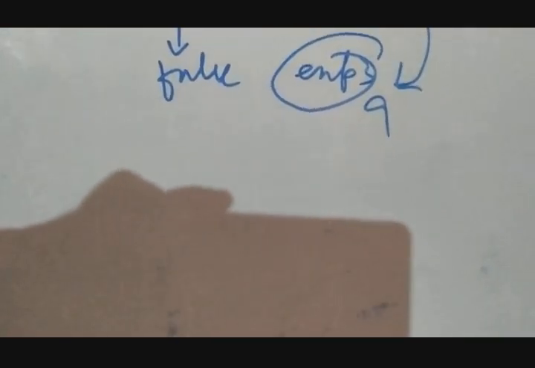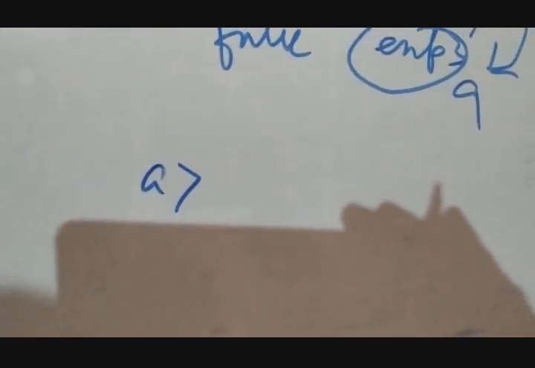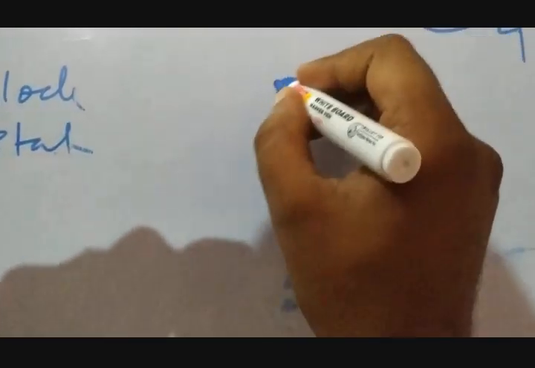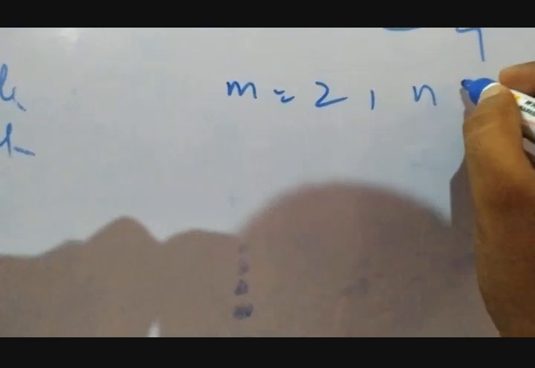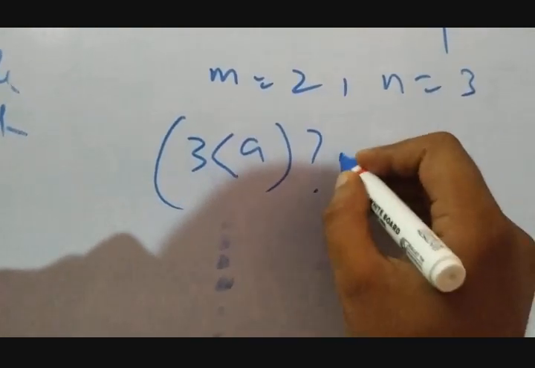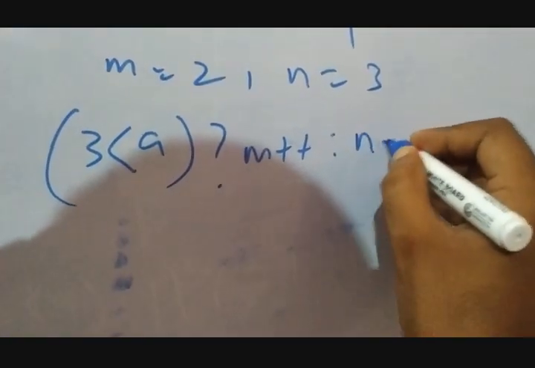So for example, let the value m be 2 and the value n be 3. Now 3 is less than 9, question mark, m plus plus, colon, n minus minus.